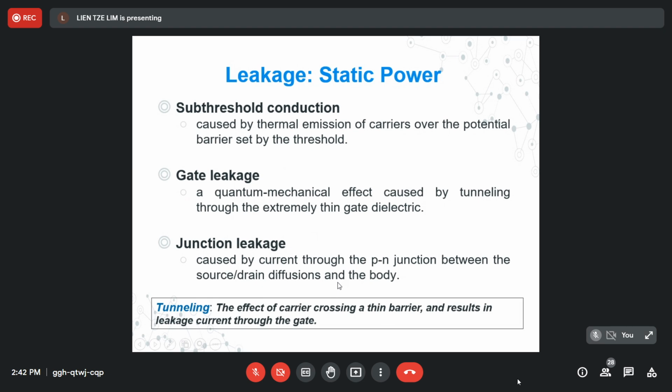You can see that there are source and drain diffusions and the body in between, and they can create a PN junction or a diode. So there is also a leakage current from one terminal to the body.